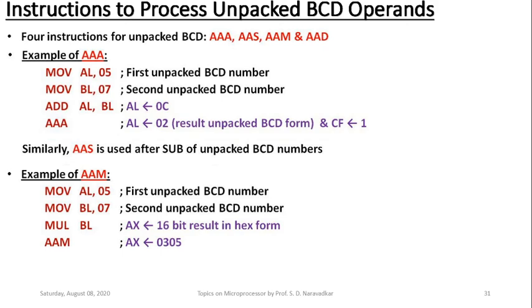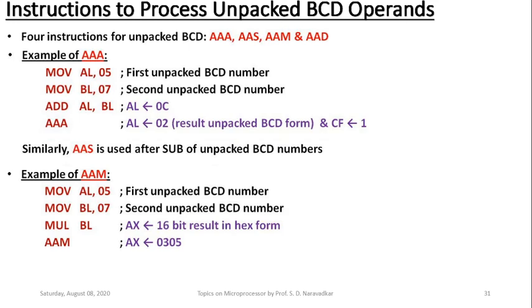Then the second operand is taken into the BL register by the subsequent instruction, MOV BL, 07, second unpacked BCD number. Then I have to use the multiply instruction, MUL BL. BL, my second number, is multiplied with the first number in AL, 05. Multiplication is performed. The result will be in hexadecimal-like form, and this result will be copied to the AX register.